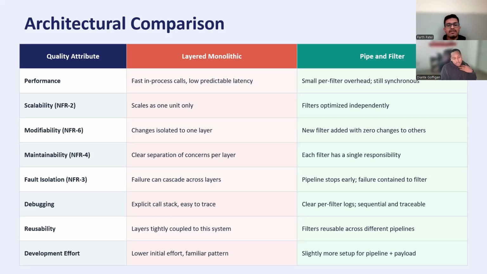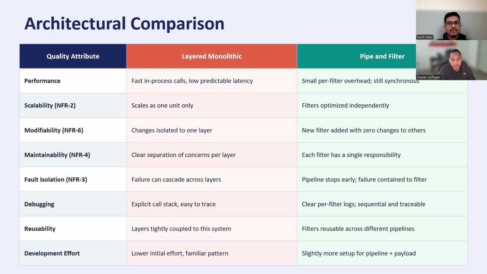While in pipe and filter, we simply create a new grammar check filter class, implement the filter interface, and add it to the pipeline. So here, zero changes. There are no changes in other filters such as the validation filter, text extraction filter, or any existing code. So in modifiability, pipe and filter also performs better as compared to the layered monolithic.